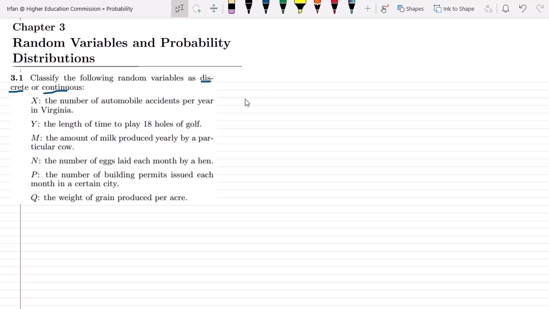Let us first see the first part here, and that is X, the number of automobile accidents per year in Virginia.